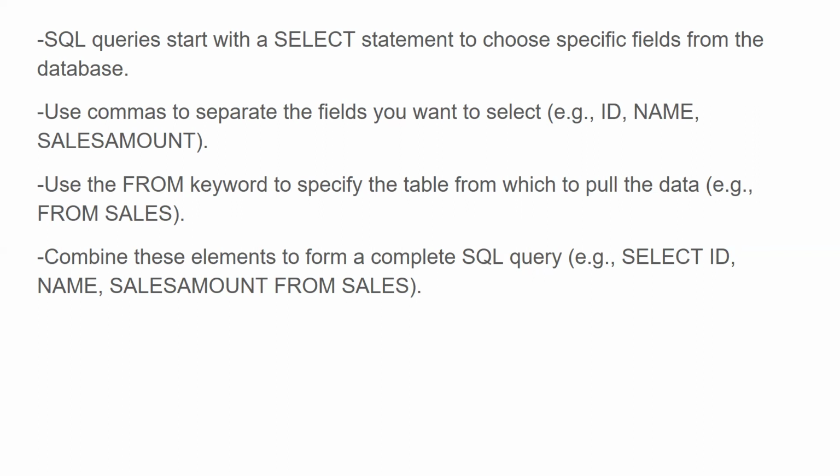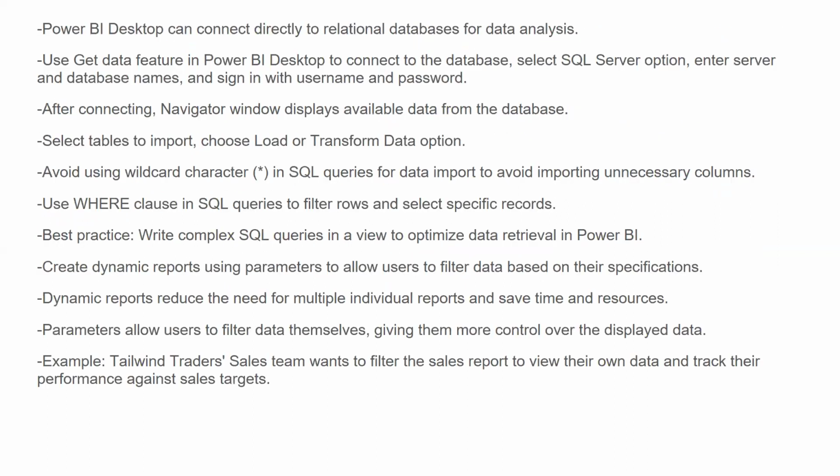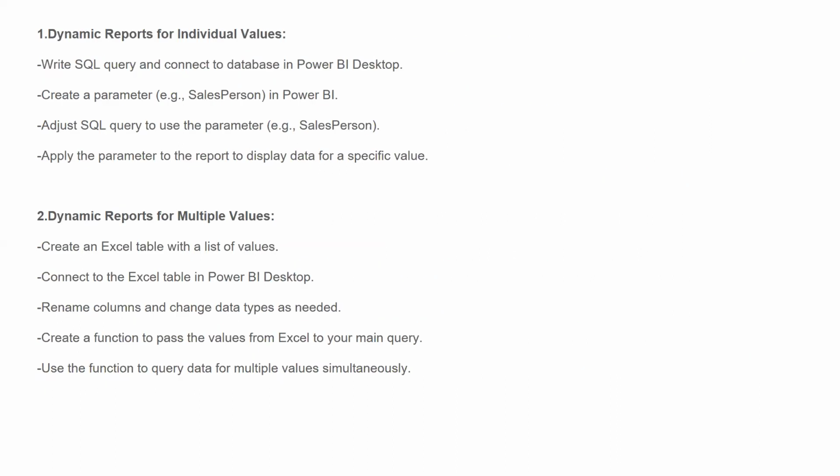Then use the from keyword to specify the table from which to pull the data. I'm sure you know this from your SQL Server. Then avoid using the star wildcard, asterisk. Power BI Desktop can connect directly to relational databases for analysis, right? So it can connect to your SQL Server directly for analysis, right? We are going to do a part that demonstrates that, right?